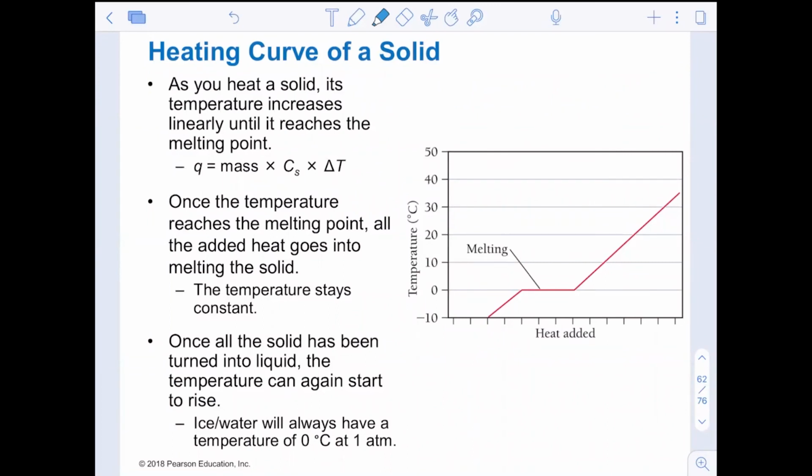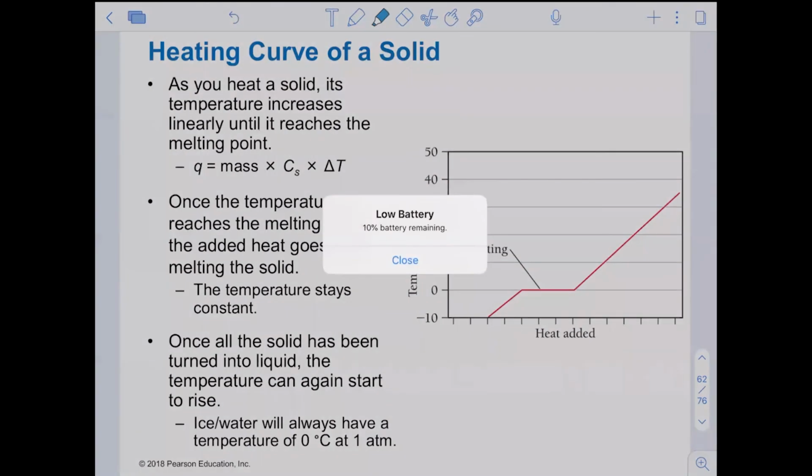We can also use a heating curve for melting as well.